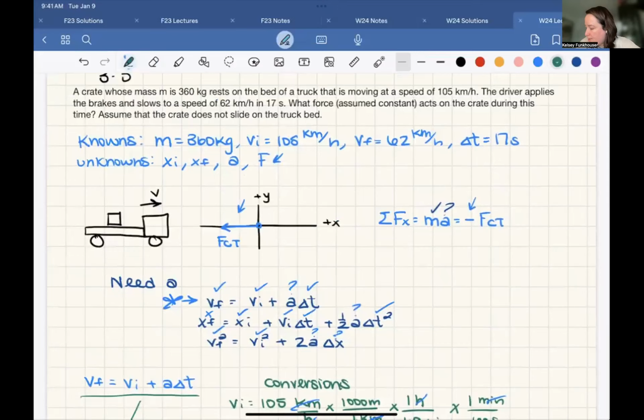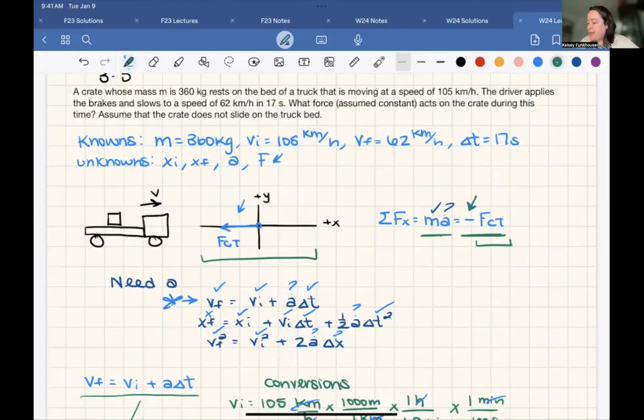So actually, I want to pause and emphasize this. The coordinate axes we drew, to the right is positive x, to the left is negative x. So that means when we do our sum of forces equation, we bring the sign in there. So mass times acceleration, just ma, but then the sum of forces, okay, we have our force, but it's in the negative x direction, so we have to put that negative sign in front.